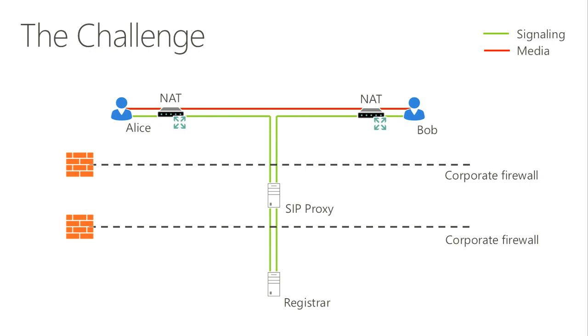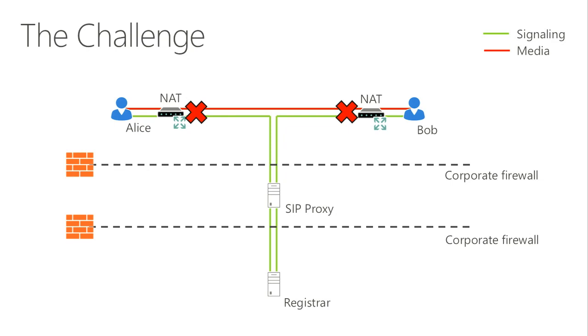They might be sitting at their respective homes, and they might have a wireless access point. This wireless access point will work as a NAT. In the next slide, we'll go into a little more detail on what a NAT is and what it does. But basically, that means a peer-to-peer connection is most likely not possible. So that's problem number one.